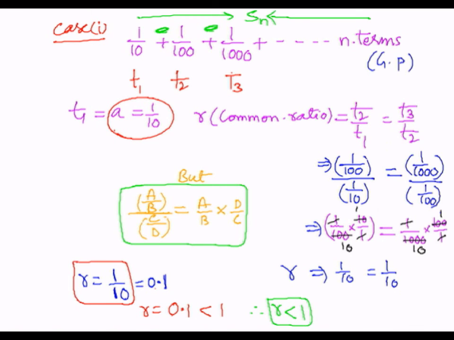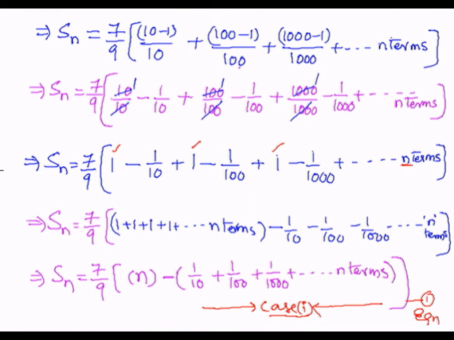S of n is equal to 7 by 9 bracket n minus this case number 1. So we can write this equation number 1 once again.